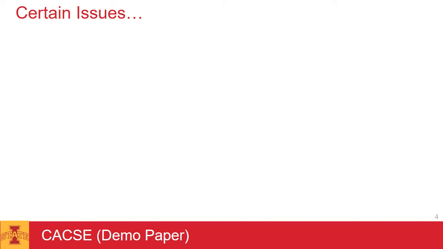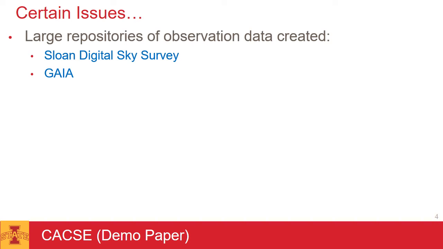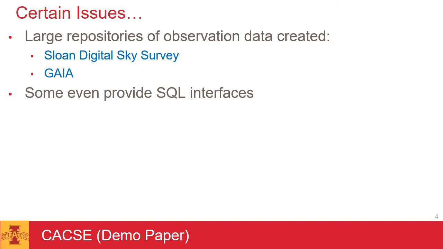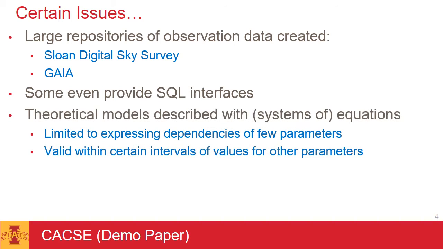Now, there are certain issues in this picture, as you may have guessed so far. For the record, in existence, there are large repositories of observation data, such as Sloan Digital Sky Survey, Gaia. We provide a link for these in the paper for those who are interested. And some of them even provide SQL interfaces. Basically, the data is tabulated and you can query it.